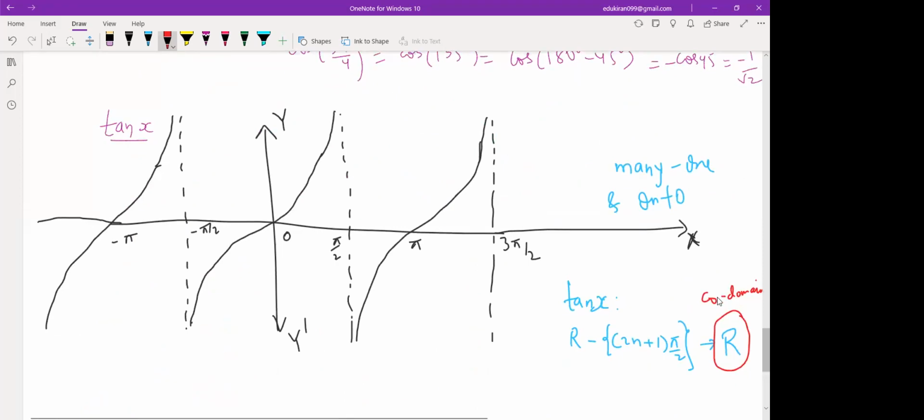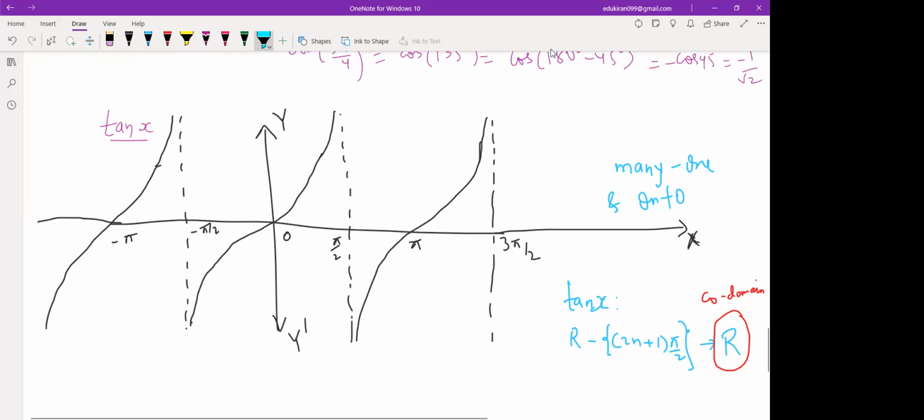So if we want to make it 1, 1, what do we need to do? Which branch do we need to select? Any idea?